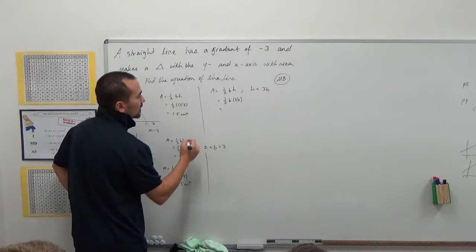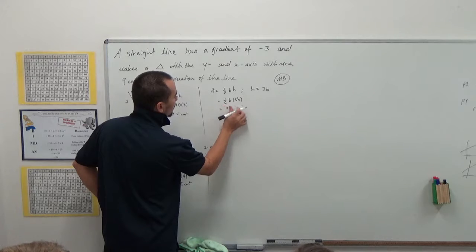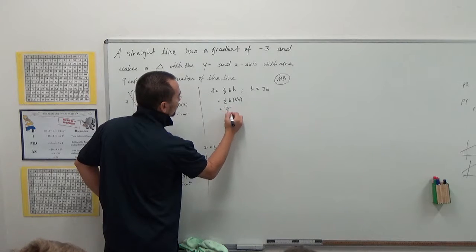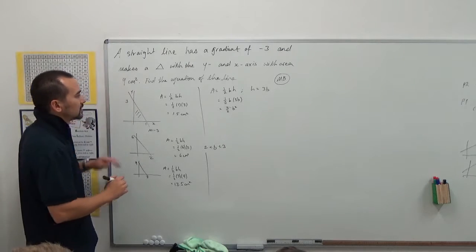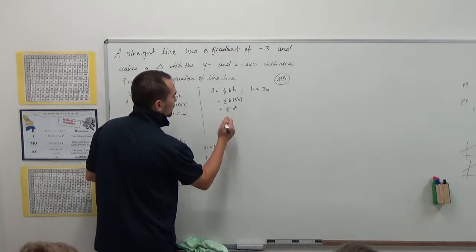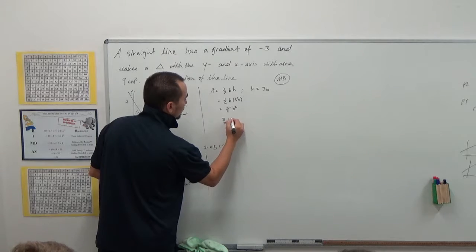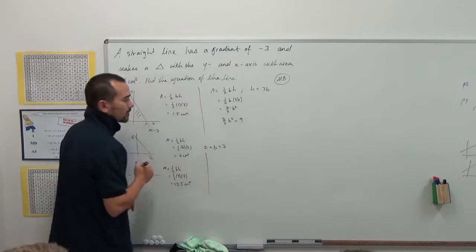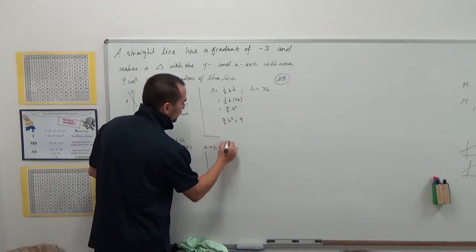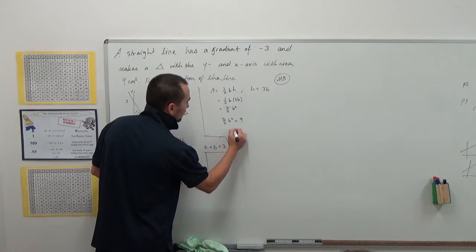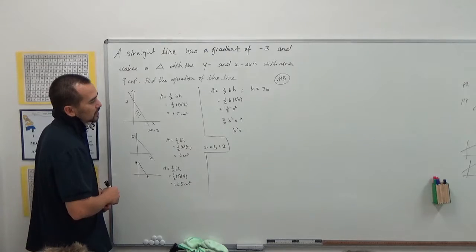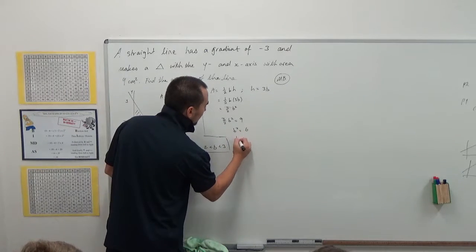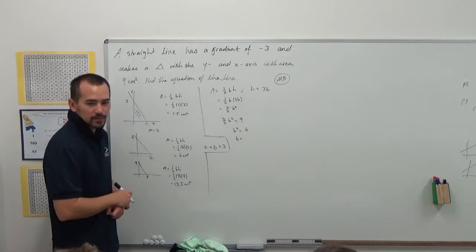We could simplify that and make it 3 on 2, b squared. And in the question it tells us that the area is supposed to be 9. So b squared would be equal to 6, and that means b is equal to the square root of 6.